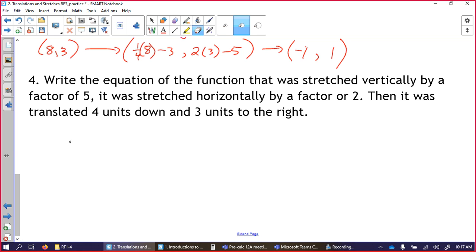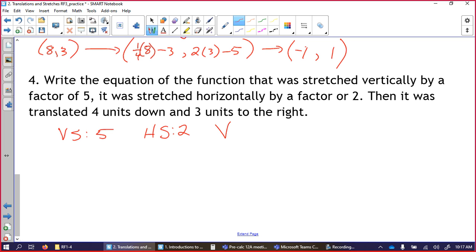Write an equation for a function that has been stretched vertically. So this one has a vertical stretch by a factor of 5. This has stretched horizontally by a factor of 2. Then it was translated 4 units down. So we have to, horizontal stretch. No. Translation.